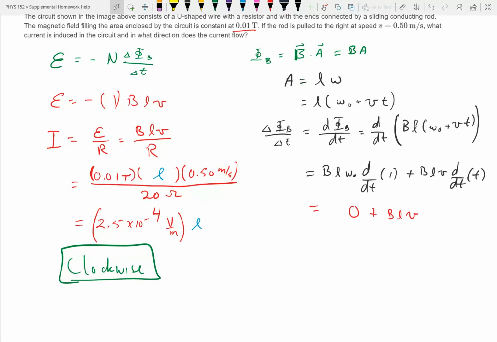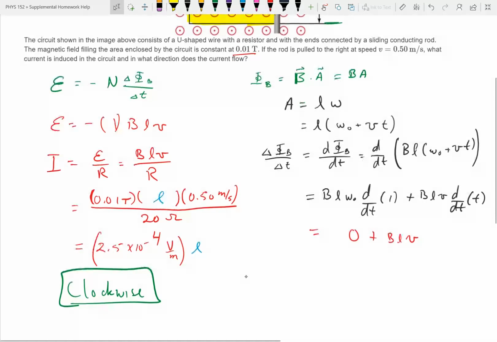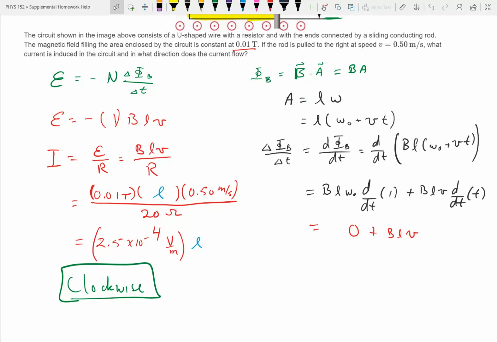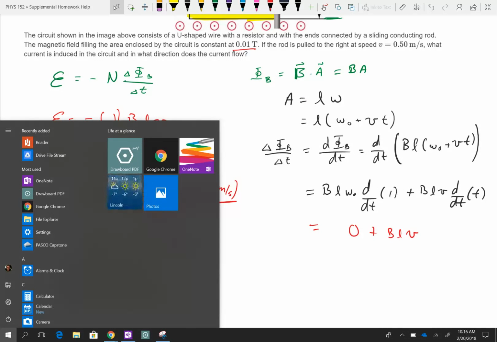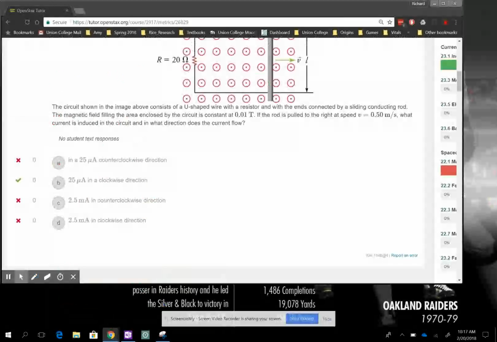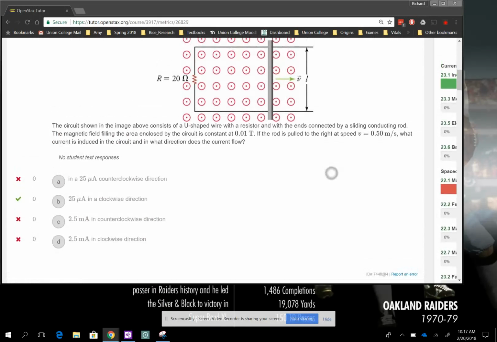Okay, so we have 0.01 times 0.5 divided by 20. Yeah, you did it right. So they must have assumed that it was 10 centimeters long, but there is no place that says it's 10 centimeters long. Weird. Or if there is, my reading comprehension is lower than even I thought. Please don't do that on the test.